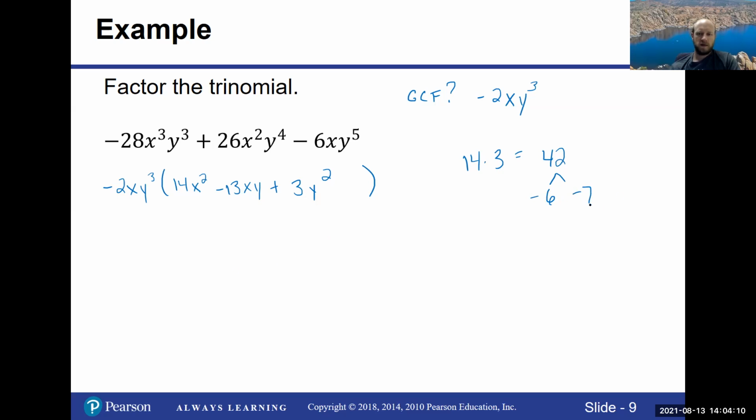And I can just make both of those negative because those multiply to give me +42 and add to give me -13. So I'm just going to leave this guy out here. And then I'm going to split the middle term into the -6 and -7. Now, the only case here is that I have an x and a y, so I need to include those, right? Because -6xy and a -7xy add to give me -13xy.